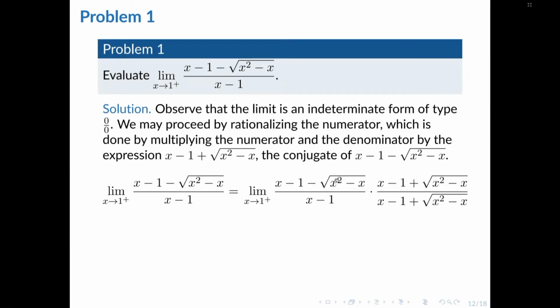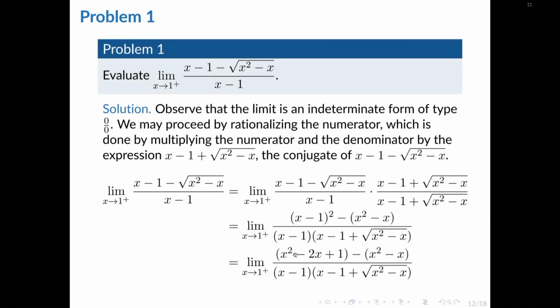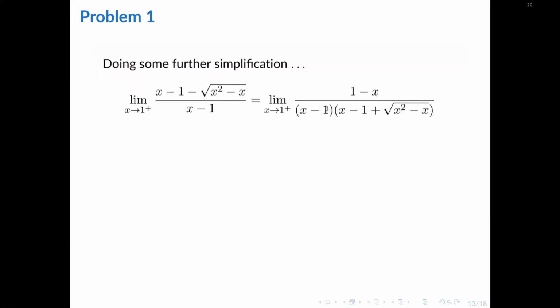Multiplying and simplifying, we get the limit of the quantity x squared minus 2x plus 1 minus the quantity x squared minus x, all over x minus 1 multiplied by x minus 1 plus the square root of x squared minus x, as x approaches 1 from the right. Simplifying further, we get the limit of 1 minus x all over x minus 1 multiplied by x minus 1 plus the square root of x squared minus x, as x approaches 1 from the right.